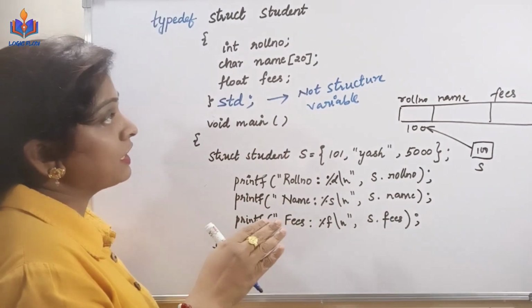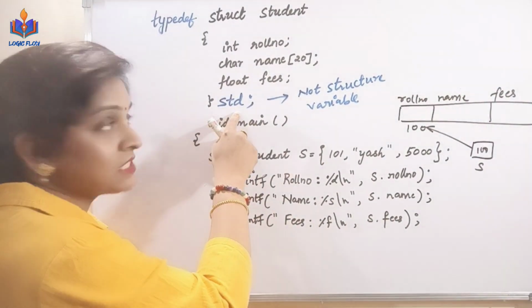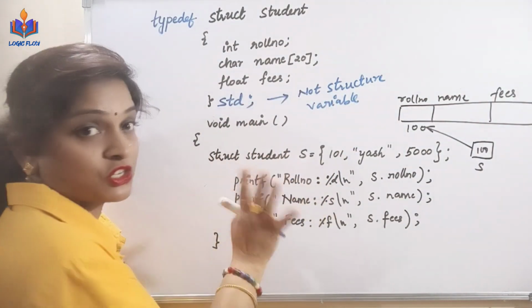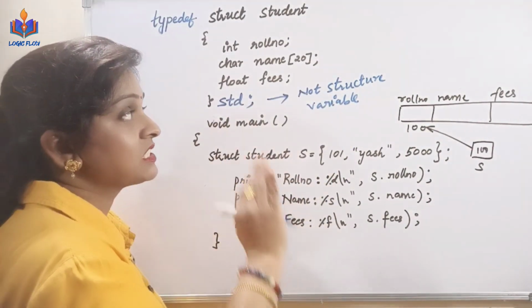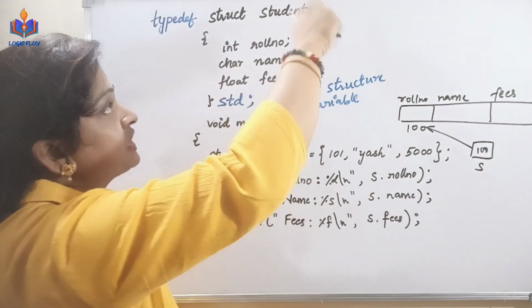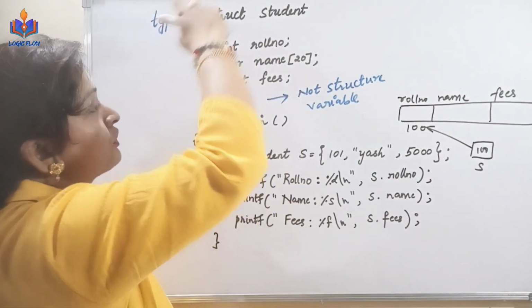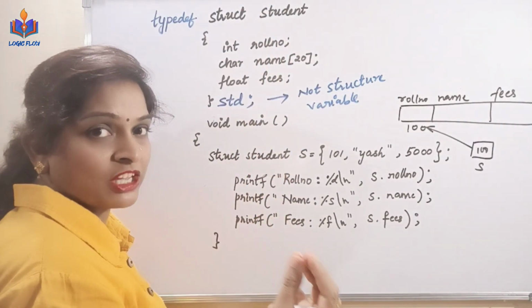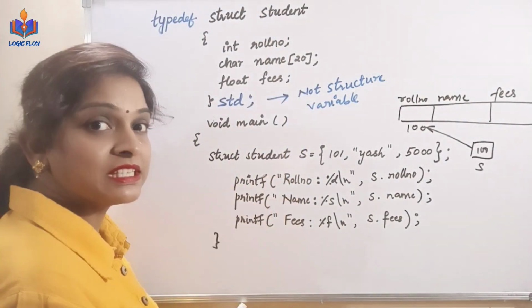So now I'll just rename this to std. This is not a structure variable. This is just a new name that I have given to this complete structure. So Typedef struct student as std.